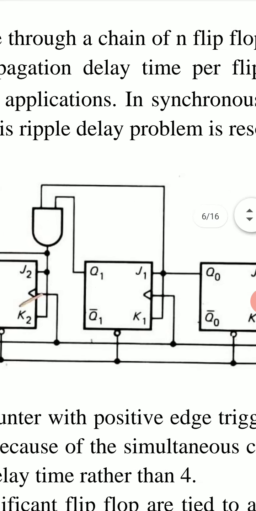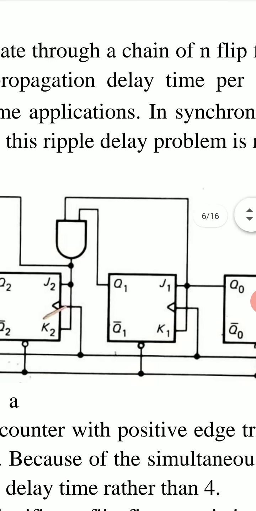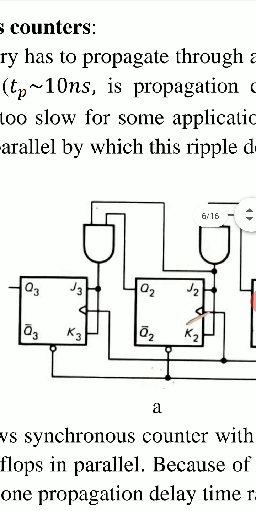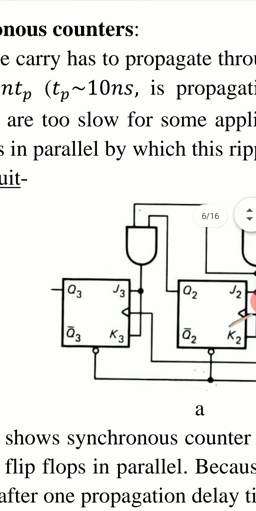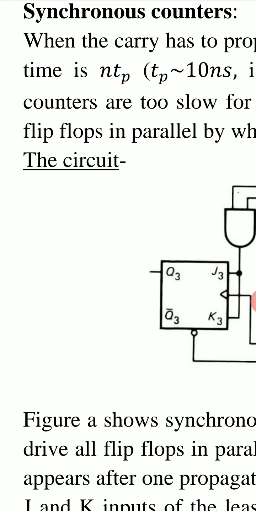It is the propagation delay time per flip-flop, the time which the output of a flip-flop takes to change its state when the inputs are changed. Then if we use n flip-flops, this overall propagation delay time becomes n times TP.